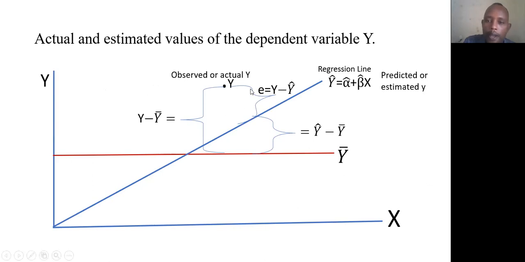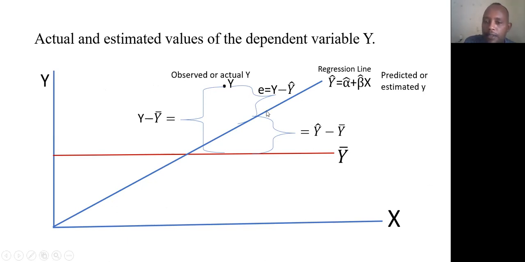And the variation from the actual value, this is the actual y value, or the observed y value, the distance or deviation from its mean value, is called the total variation. And this is the regression line or estimated line.